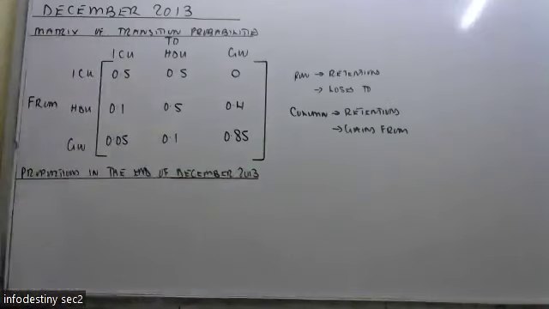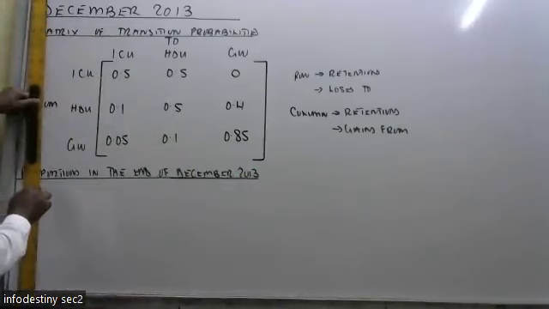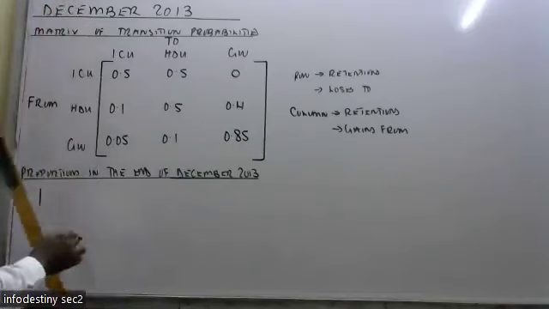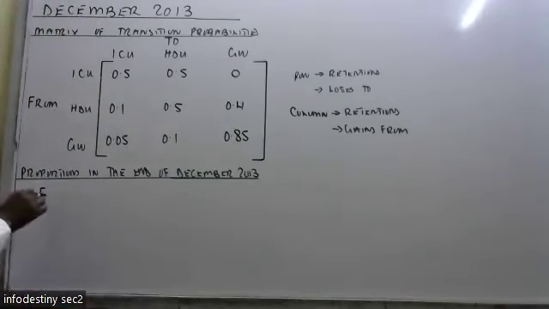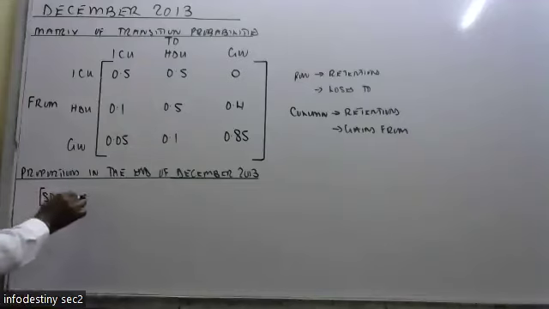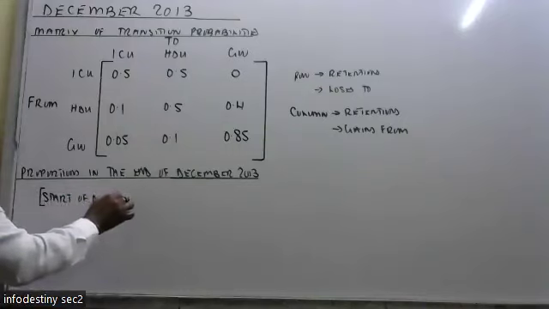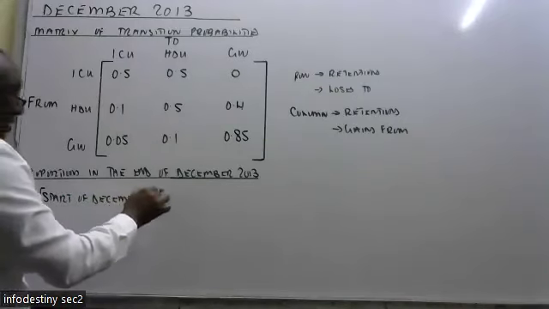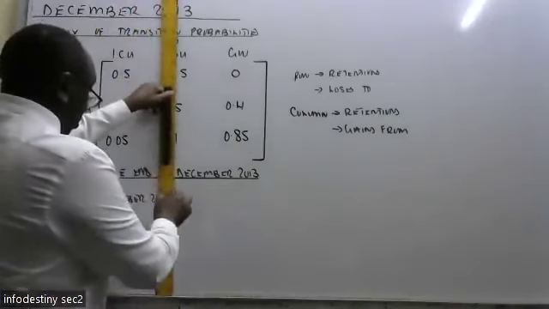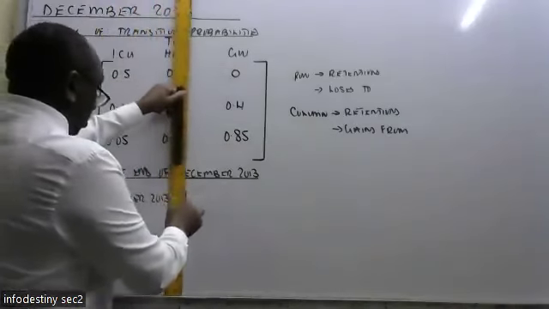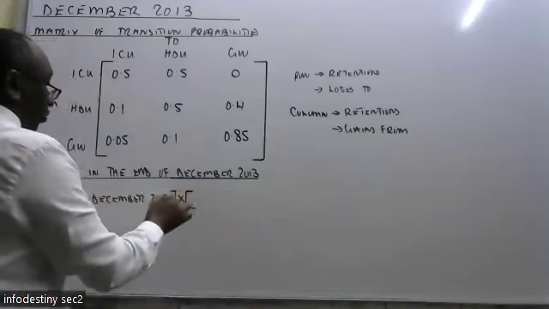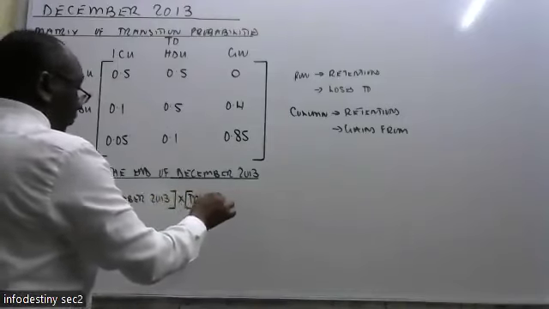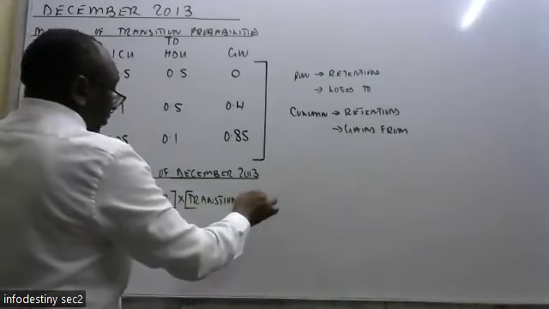Now, what we will need to do is get the start of December 2013, and you multiply it by the transition matrix.